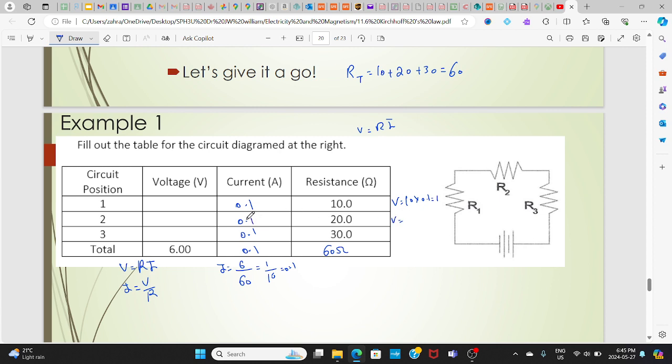Again, V is R times I, so 20 multiplied by 0.1 is 2. And here V is 30 multiplied by 0.1, which is 3. The answer for voltage is going to be 1, 2, and 3, and that's it.